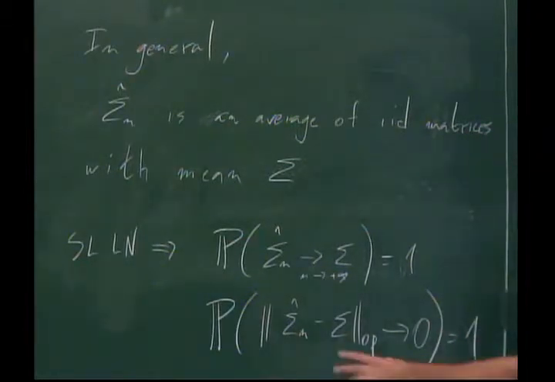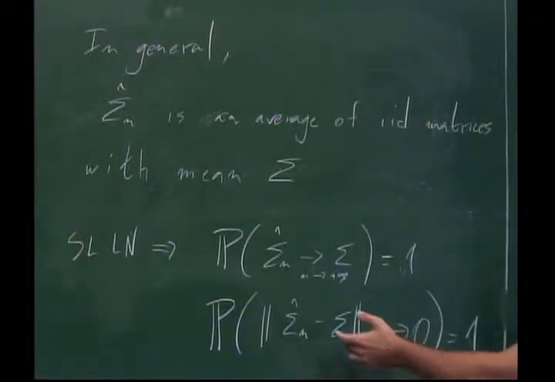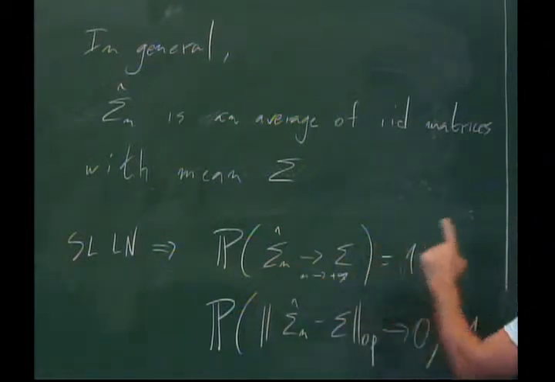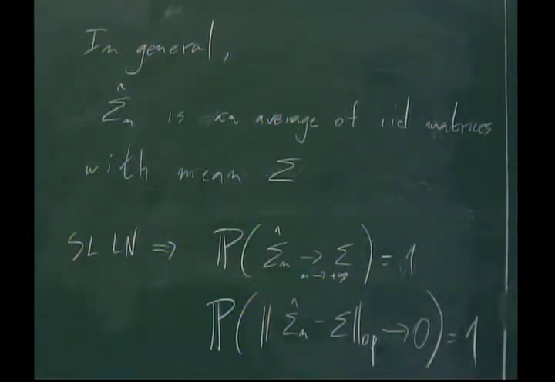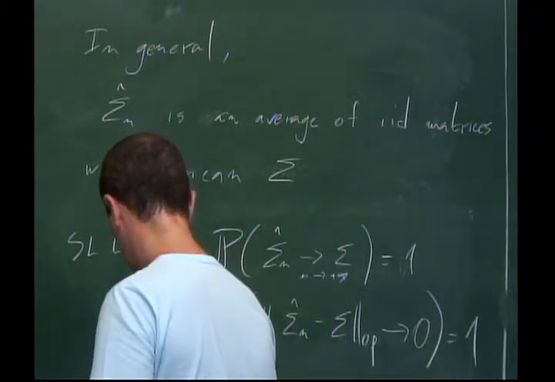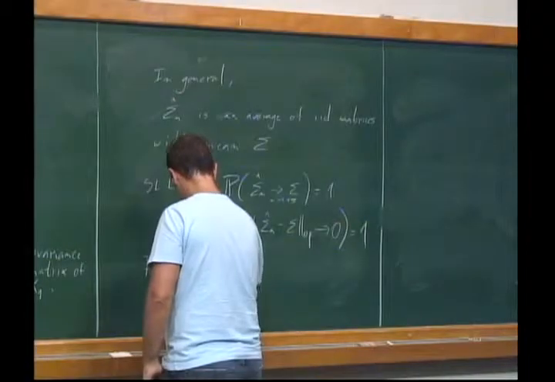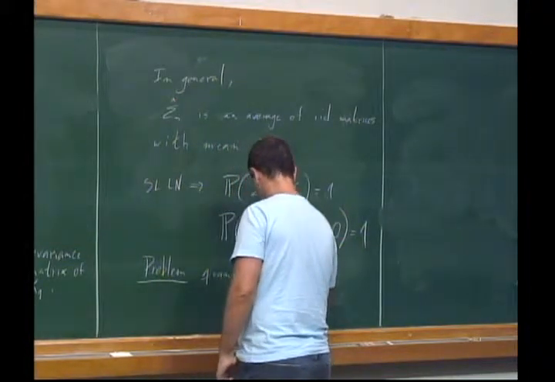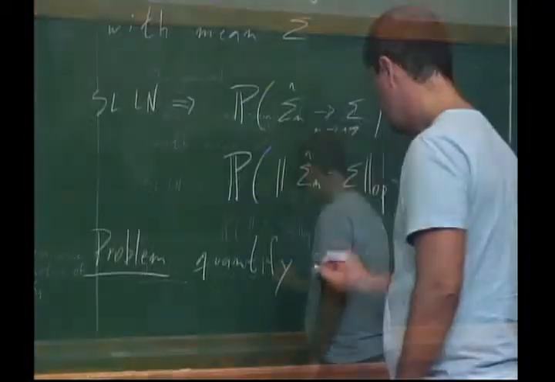And any other norm you can put here will also work. Right, so what we expect typically, if we take a large n, is to see a sigma hat n that's close to sigma. And the main problem we're going to have here is to quantify this convergence.